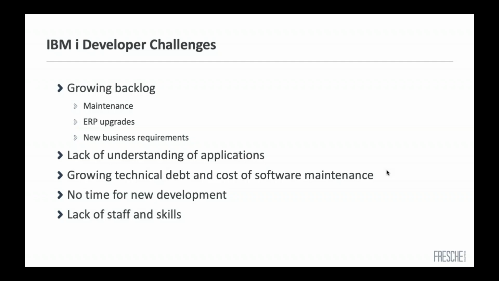There's constantly a list of things that you would like to do, and that's fueled in part because there's a lack of understanding of the applications that maybe you didn't write or have been around for 20 or 30 years. There are lots of programs that you may not even know what they do or how they work.